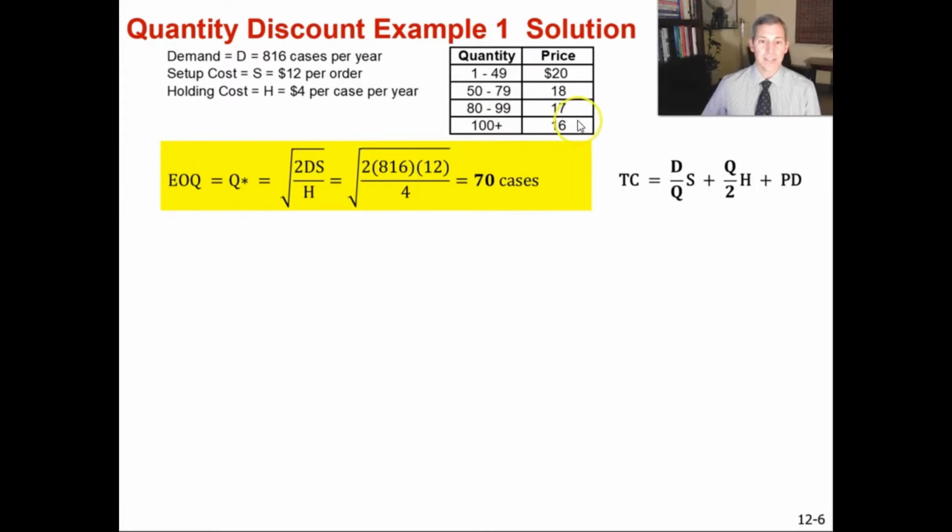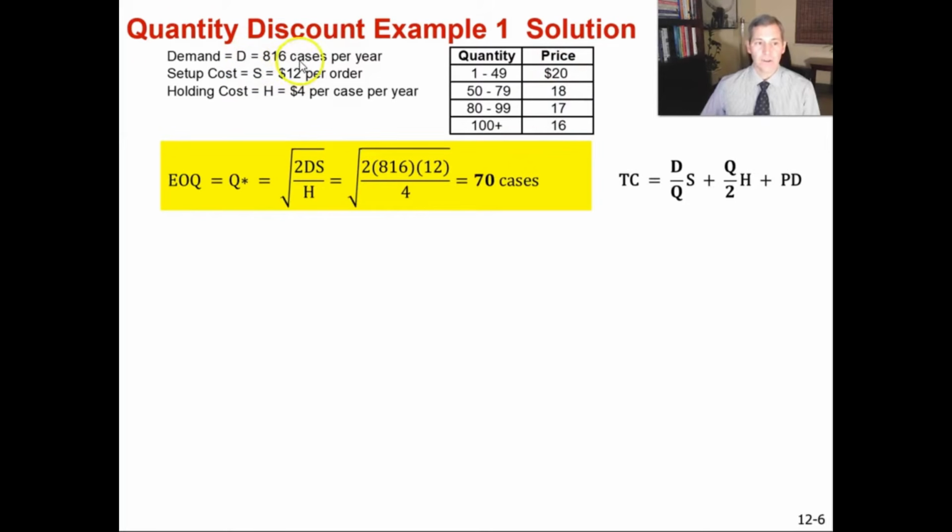Look at the pricing schedule. If you order 70 cases at a time, you're going to pay $18 per case. Okay, $18 per case.